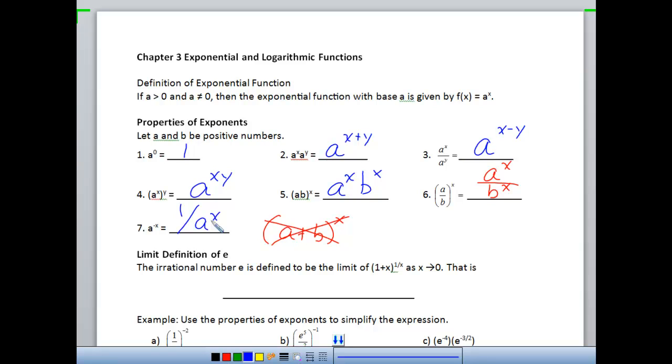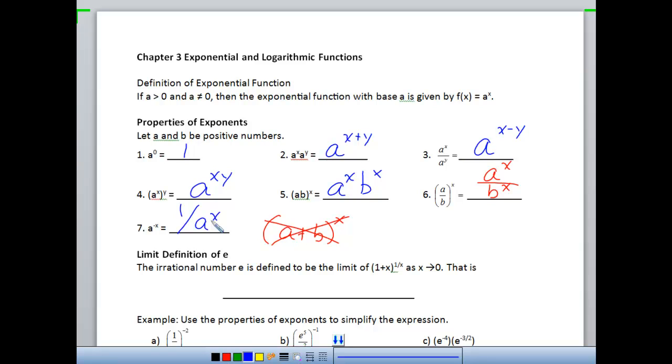All right, you should have seen in your algebra course one application where we have compound interest. You can compound yearly, semi-annually, monthly, or daily. The more often we compound, the better.